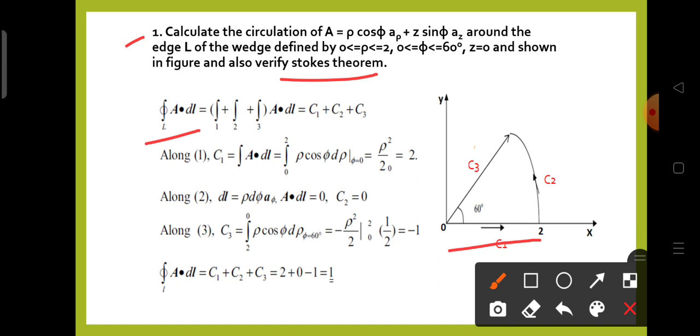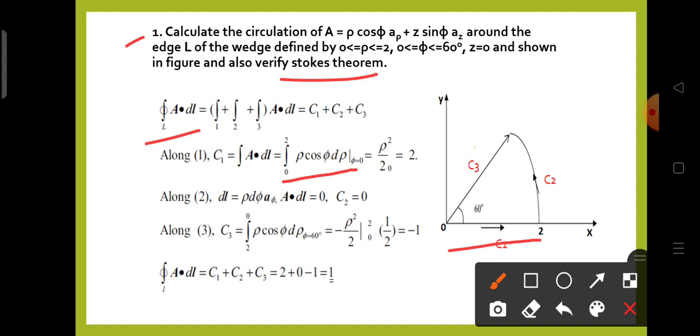So in the a rho direction, A is rho cos phi; substituting phi equal to 0, you will get rho alone, so only rho d rho.